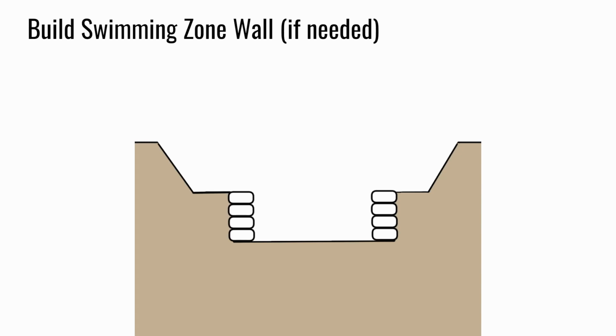This just saves space. So that's optional, but that's what we did, and then you compact the soil behind it so that you don't get cave-ins. Very important. Vince was super helpful building those walls.